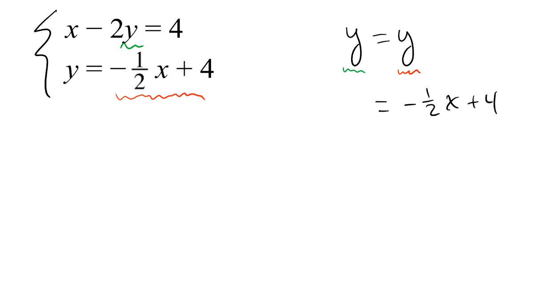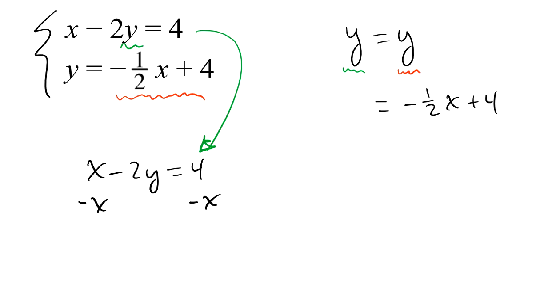So what I'm going to do is take this equation and rewrite it so that y is alone. The equation that we start with is x minus 2y equals 4. I'm going to subtract an x from both sides. When I take away the x from each side, this equation becomes negative 2y equals negative x plus 4.